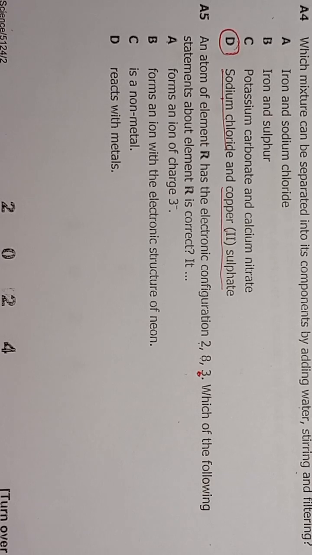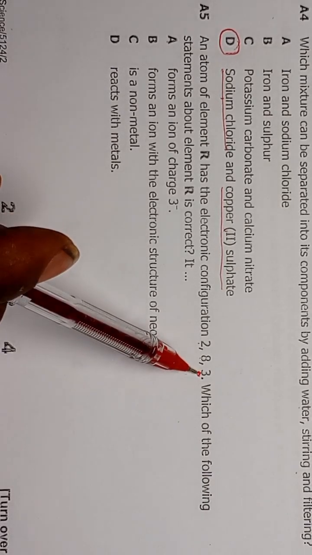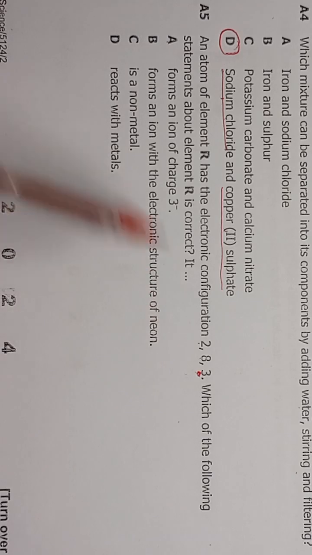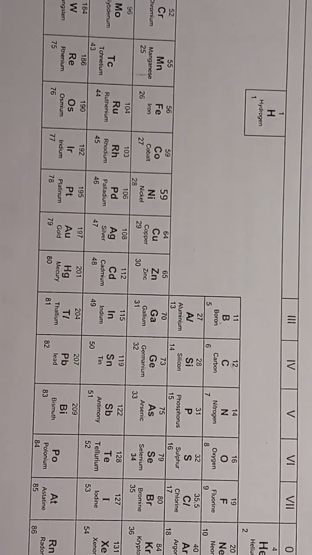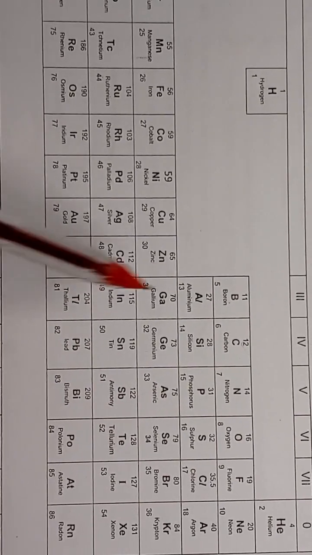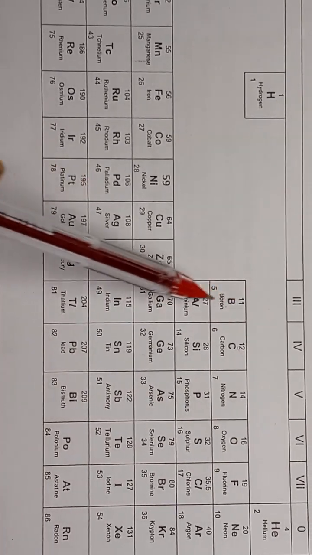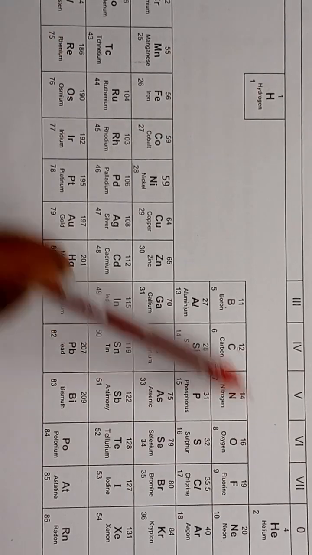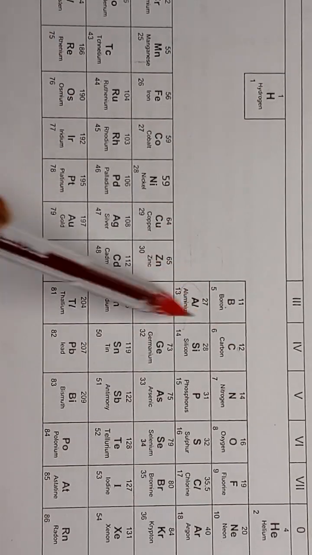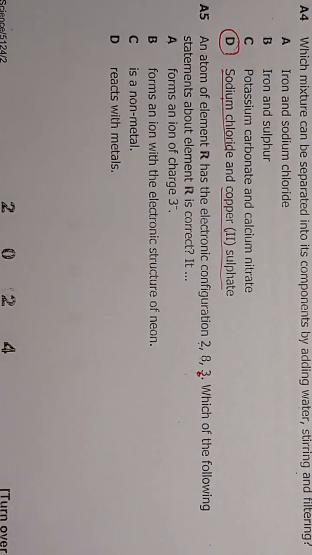So this element is from group 3, period 3. When I look on the periodic table, it is aluminium.